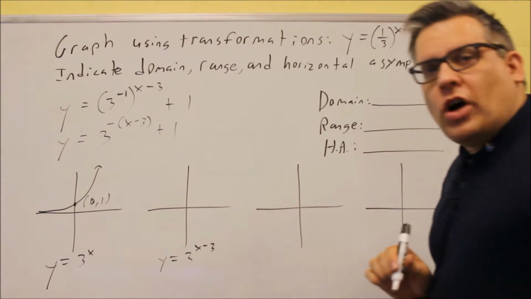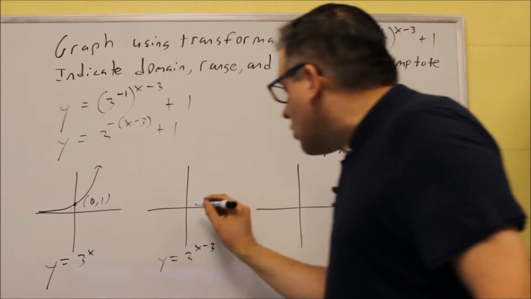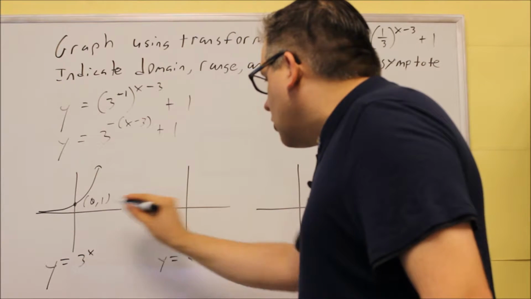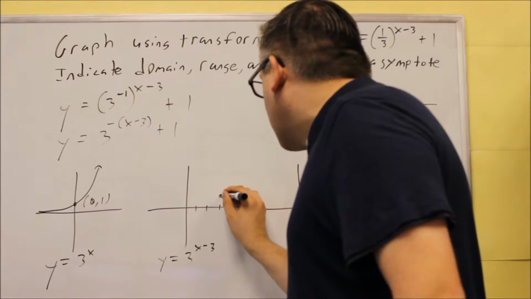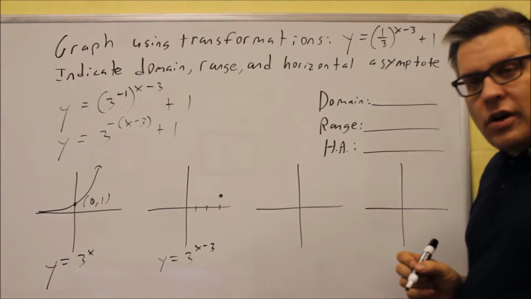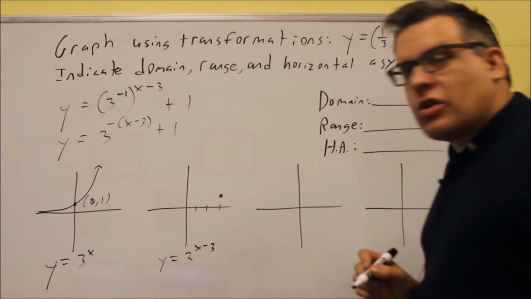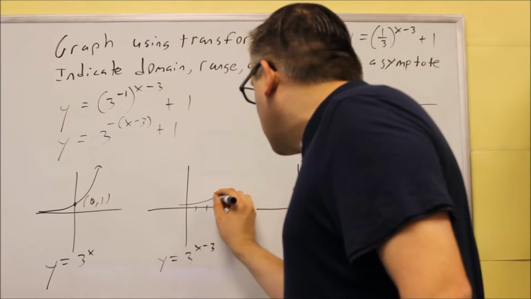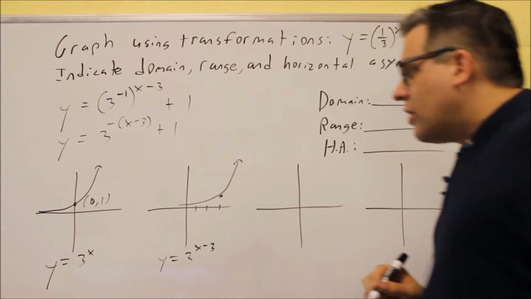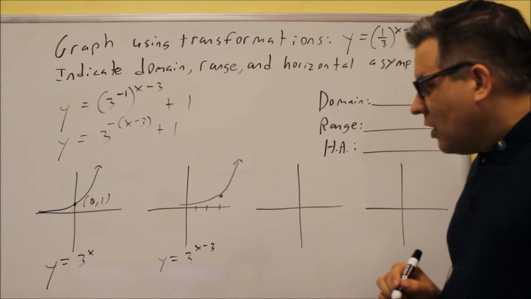This point 0, 1 is going to move 3 places over to the right. Everything else is going to look exactly the same, so the general shape is the same.